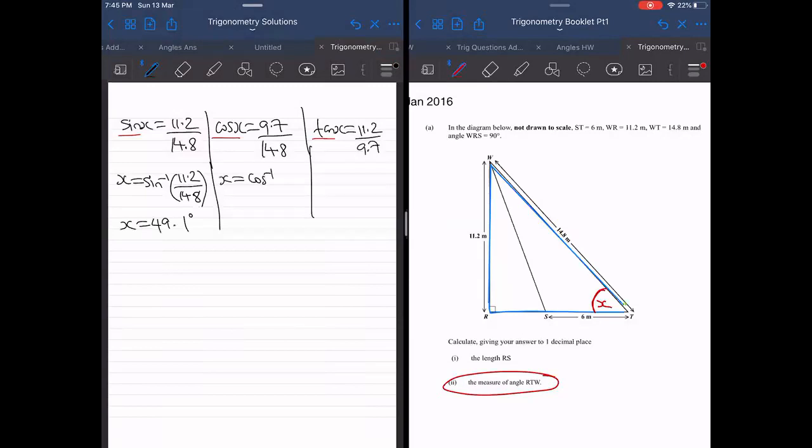Or it's the cos inverse of 9.7 over 14.8, which when I do it I get 49.0. But that's the same, so you should be getting 49 point something for sure. Or it is the tan inverse of 11.2 over 9.7, which also gives me 49.1.